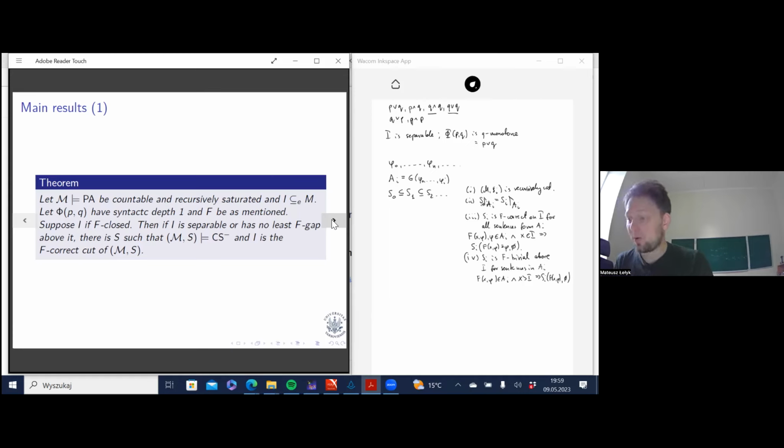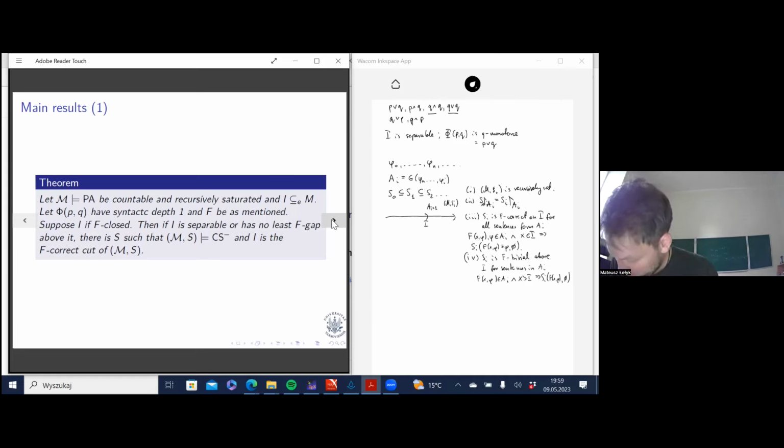Okay, so now how do we actually construct this sequence? The main idea, let me just describe to you the induction step. Suppose you constructed S_i which satisfies these conditions, and you have your set A_{i+1}, which means that you need to consider all the formulae generated from one new formula.